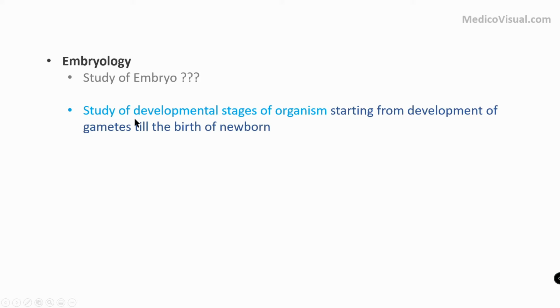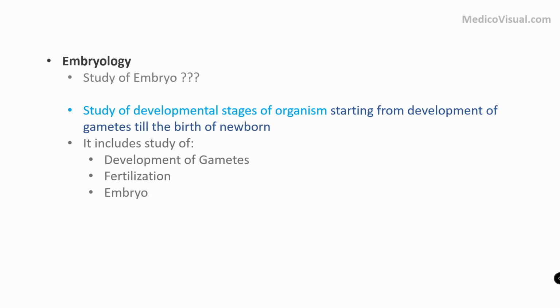Embryology is the study of the developmental stages of an organism, starting from development of the male and female gametes till the birth of the newborn. So embryology includes the scientific study of development of gametes, development of sperm and ovum, fertilization, study of the embryo, study of the fetus, and the birth process, that is parturition.